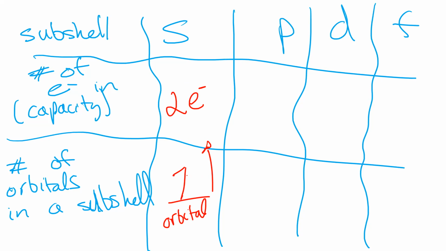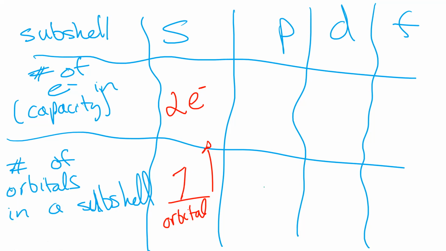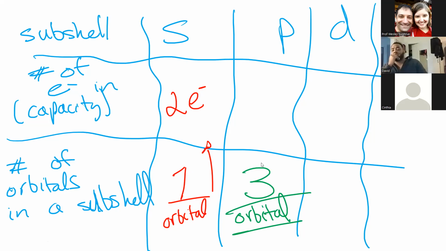Within the P subshell, you have a total of 3 orbitals. Because each orbital can hold a maximum of 2 electrons, 2 times 3 is 6 total electron capacity for the subshell.